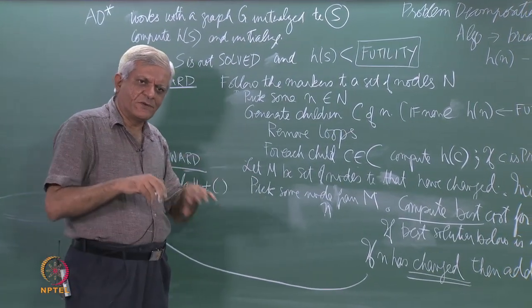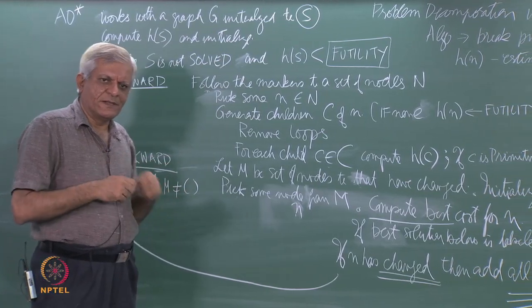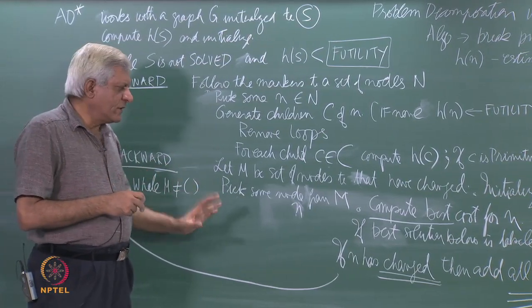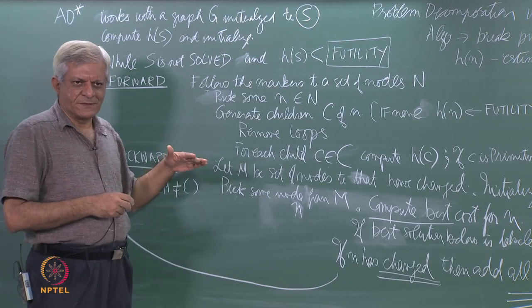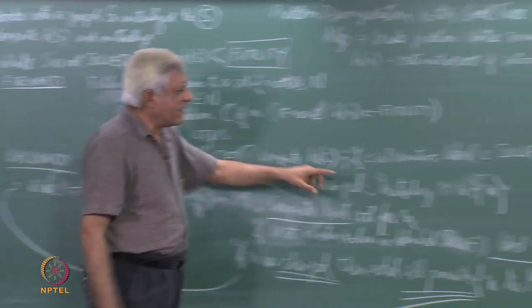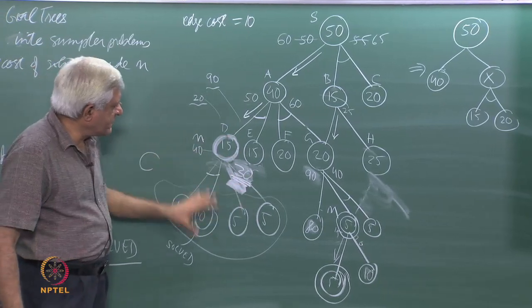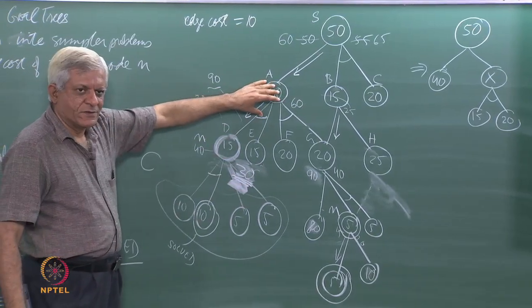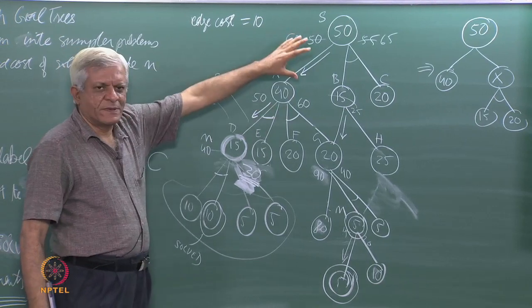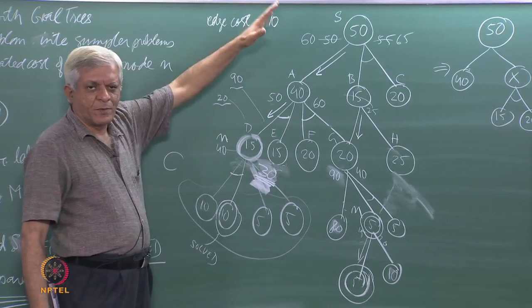If the best solution below it is labeled solved, label that node solved, and if the node has changed, add its parents to m. So, what will happen, initially I will add only this node n to m, because it has changed I will add this parent here also, and because this has changed I will add this parent. In this way the revised value will propagate up.